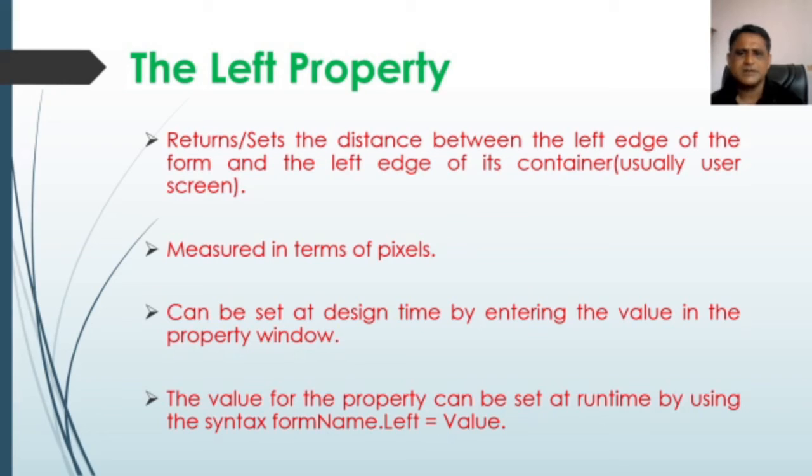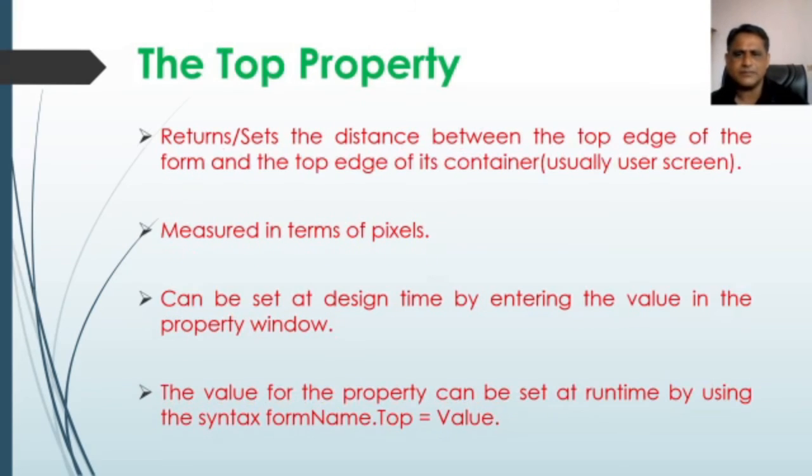This property defines where the form is placed on the screen. Also this is measured in terms of pixels, and again this can be set at design time by entering the value in the property window, and also at runtime, by using the syntax form name dot left equals value.